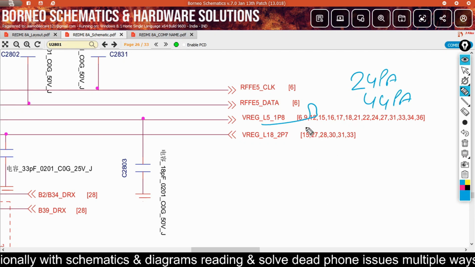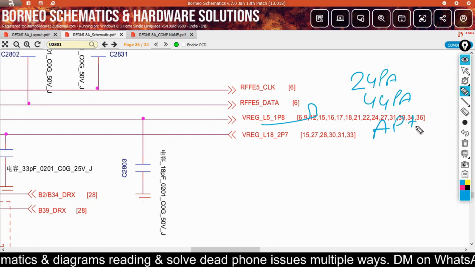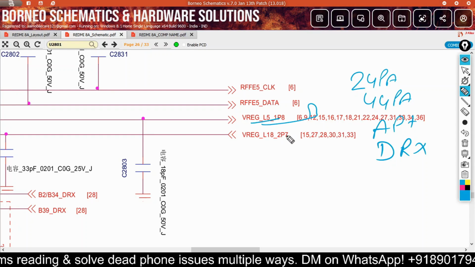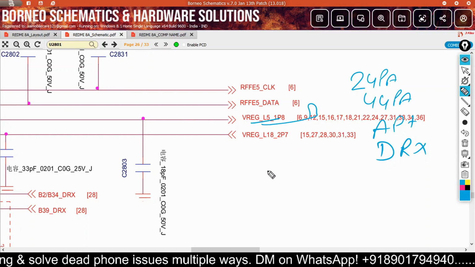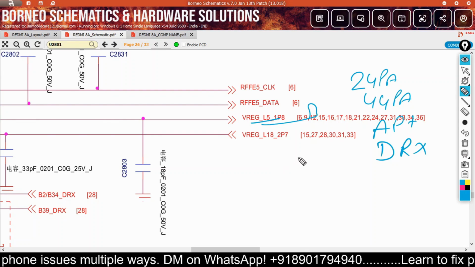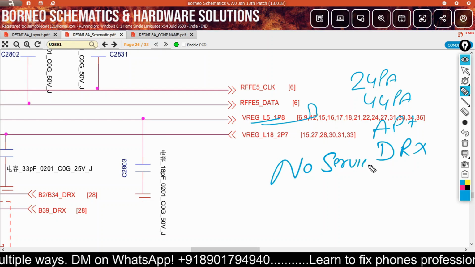But this line is connected to the 2G PA, 4G PA, also the APT IC and the DRX. So it comes from the L5. If this line is also not connected internally to the IC pads, or the IC voltage is missing, your phone has no service. I hope you get my point.